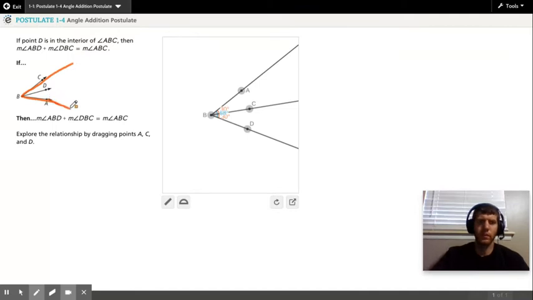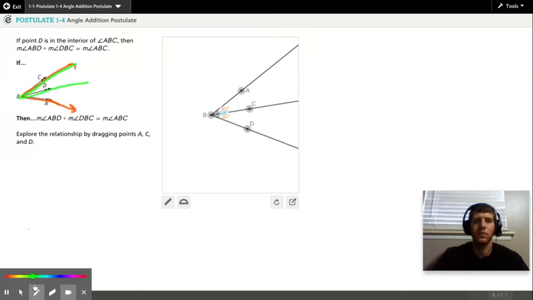If I exaggerate the angle out a little bit, so there's angle ABC. Point D is in the middle. And if that's the case, then we know that the two small angles, angle ABD and then angle DBC... I'm sorry, I did it the opposite way.